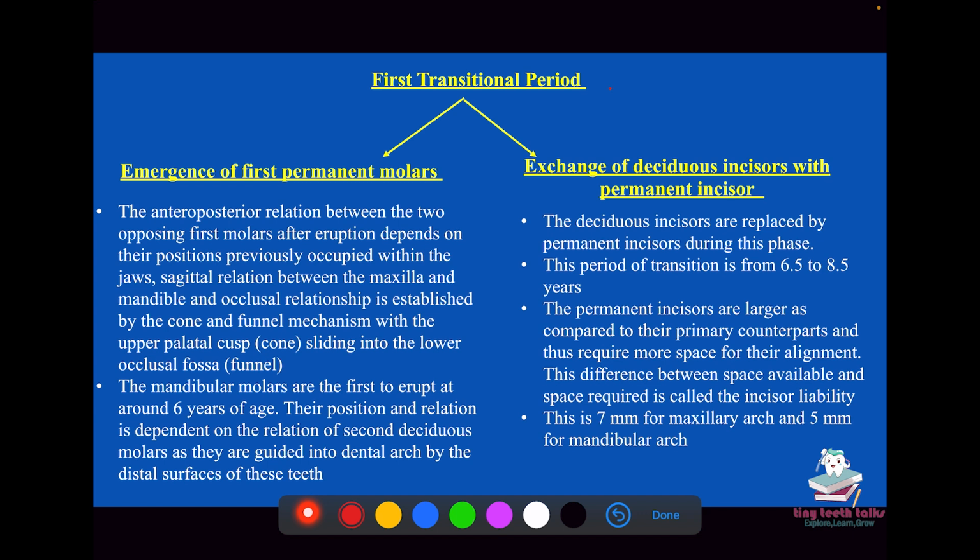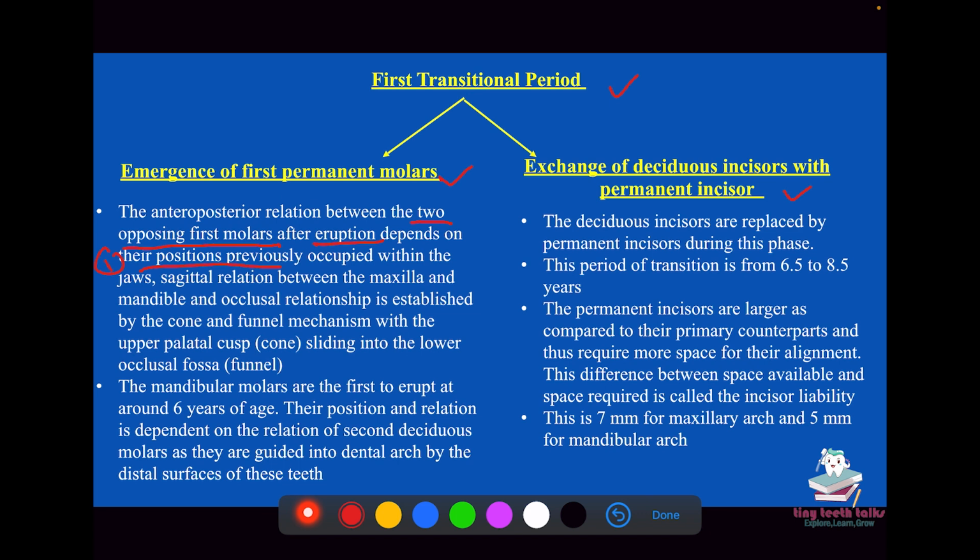So, coming to the first transitional period, two events occur during it. First is the emergence of first permanent molars, and second is exchange of deciduous incisors. Now, emergence of first permanent molar: the anterior-posterior relation between the two opposing first molars after eruption depends on three things.